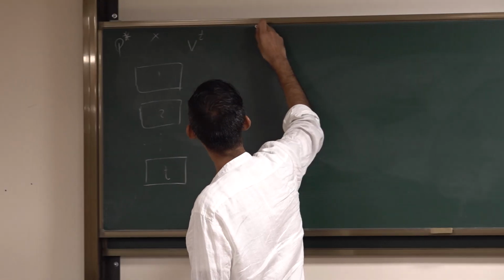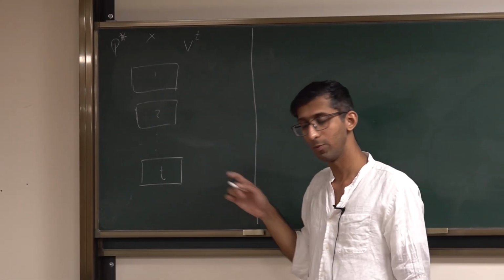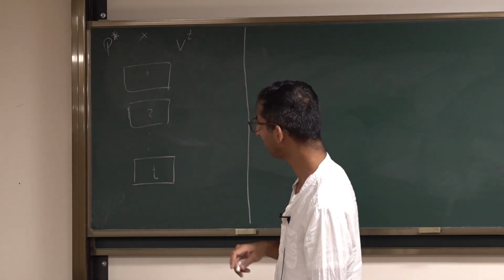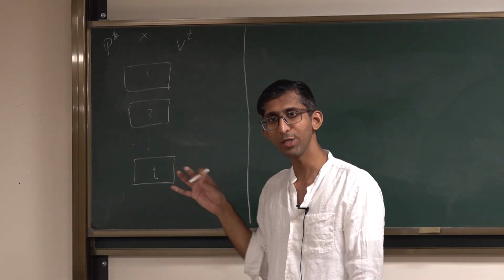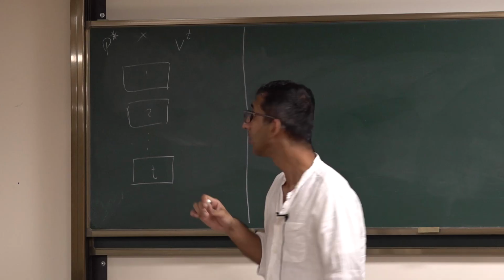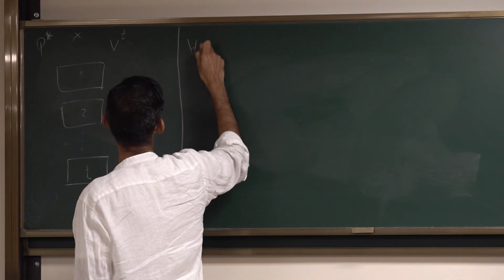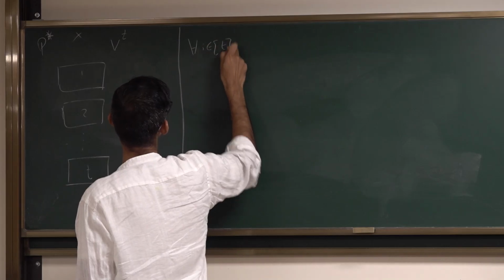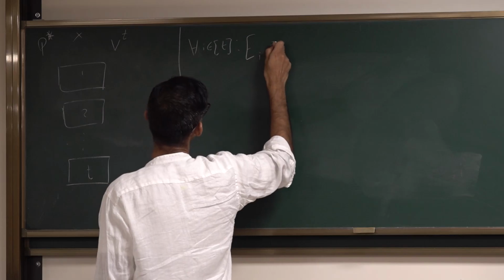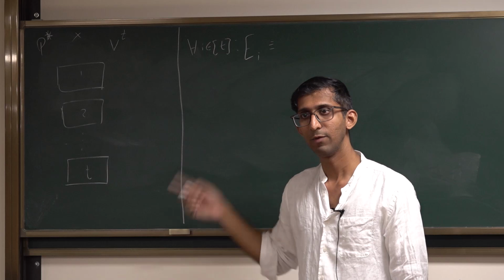Here is one natural way to argue about the probability that all of these things accept. I would like to define events that capture acceptance in each iteration. For i from 1 to t, I define an event E_i, which indicates whether in the ith iteration the verifier accepted.